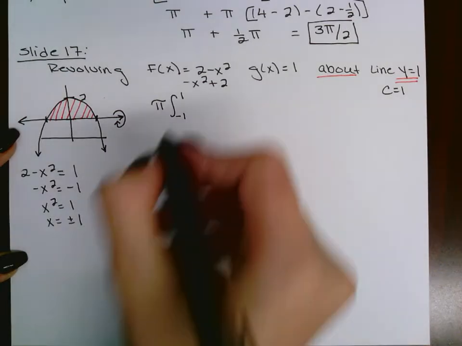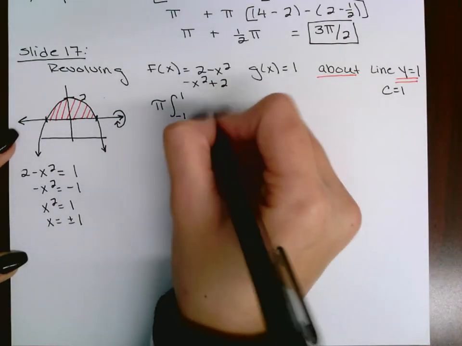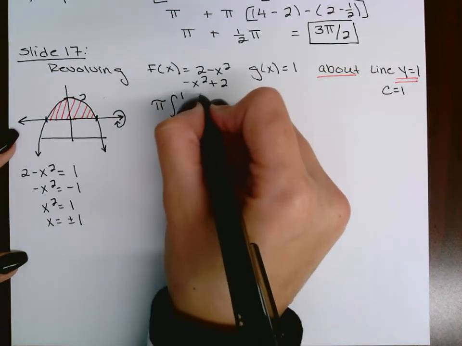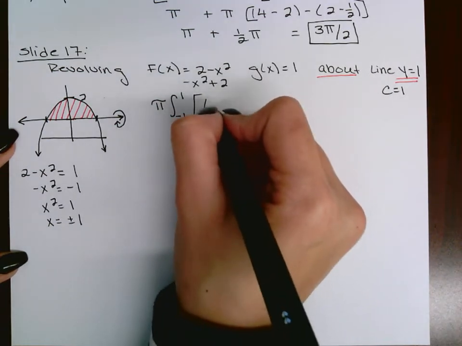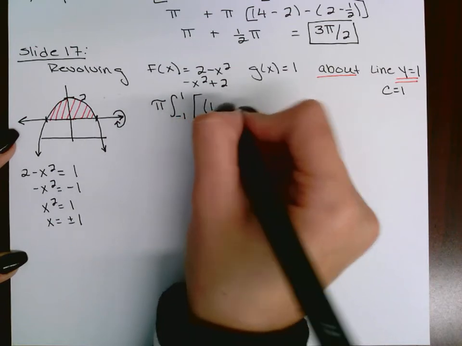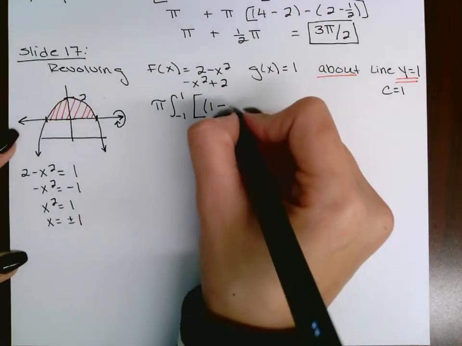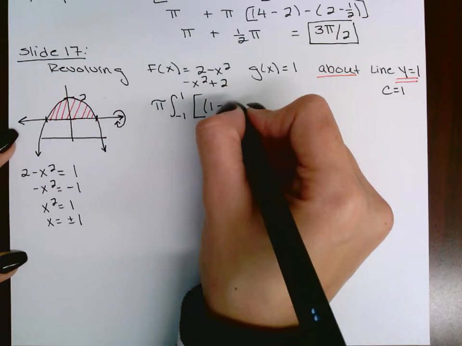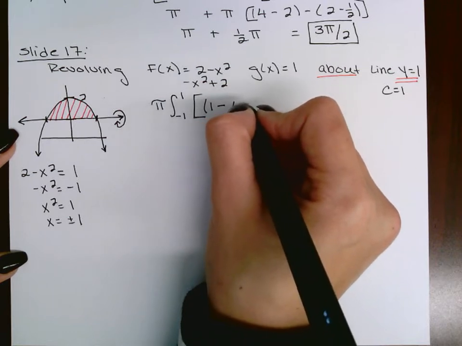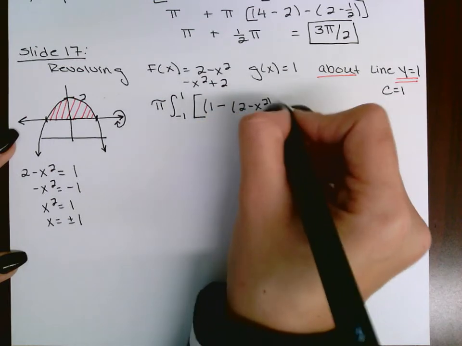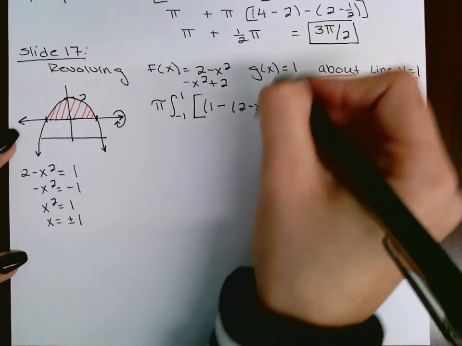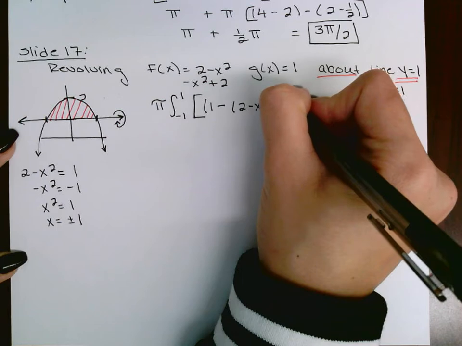Okay. Now, again, I'm going to show you the whole thing, and then I'm going to show you the part that you can skip when you catch that. So I have c is 1, minus the further function. Be very careful here because the further function has two terms, which is 2 minus x squared, which means I'm going to have to distribute that, and then I can square it.